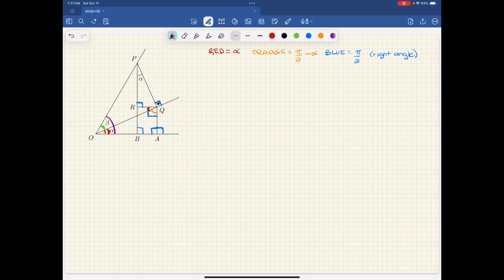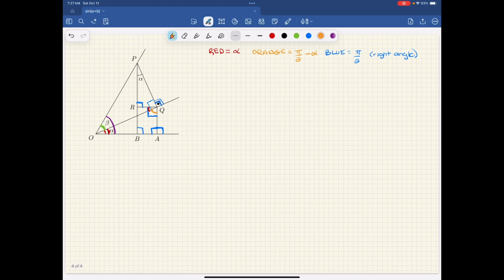And continuing to work in that area of the image, since the angle PQO is a right angle here, then that means that the angle RQP has to be pi over 2 minus alpha radians, since OQR is alpha radians.